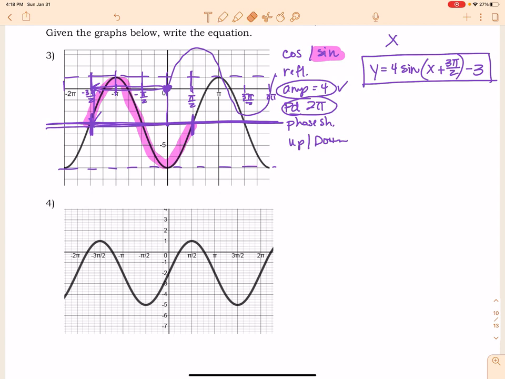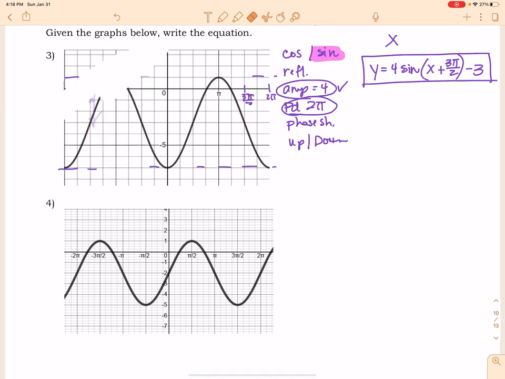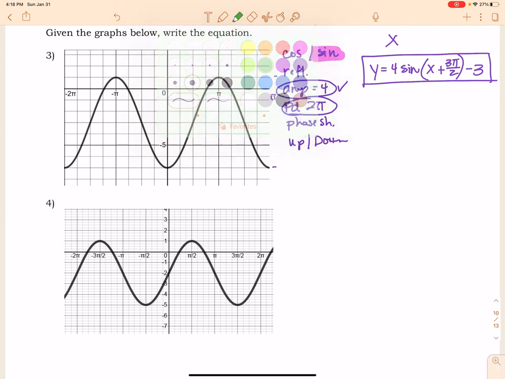Okay, so now let's take the approach that it could be cosine. So let's look at what the cosine graph would look like. Well, remember, one cycle of the cosine graph, let's use a different color, one cycle here would be that right there. Okay, so now you have to consider the cosine graph.